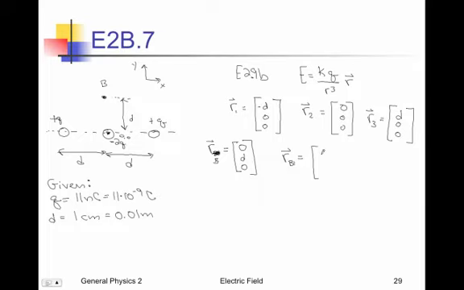RB is 0, D, 0, minus R1, which is minus D, 0, 0. The result is 0 minus a negative D, which gives a positive D; D minus 0 gives a positive D; and in the z spot we get 0.